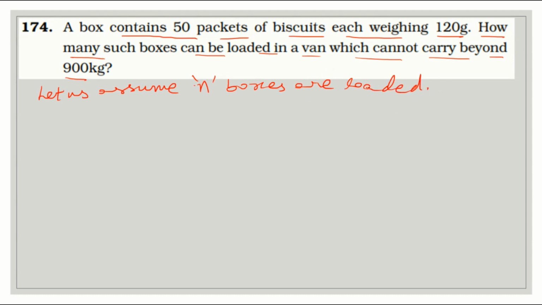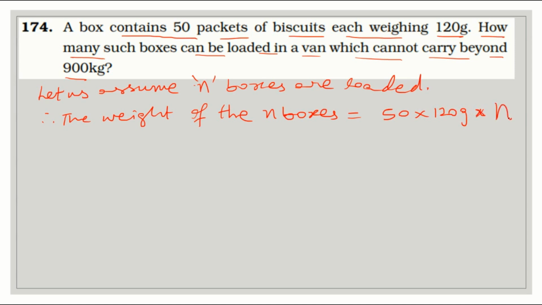So if n boxes are loaded, the weight of the n boxes will be 50 packets into 120 grams into that n boxes, whereas this is supposed to be the total weight of the van.